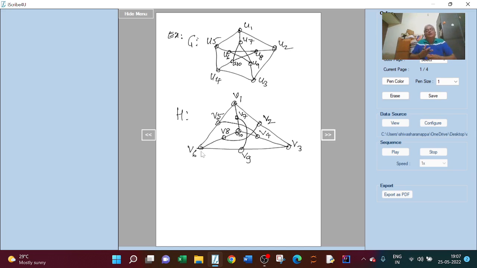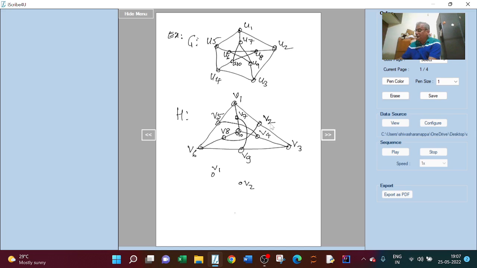Now I will redraw this graph. If the resulting graph is the same as this graph, then we say that these two are isomorphic. So how to redraw? I will write the points here. I will take this point as V1, and this as V2.